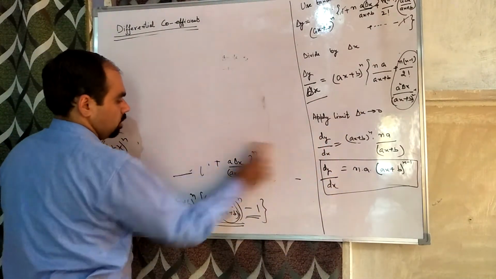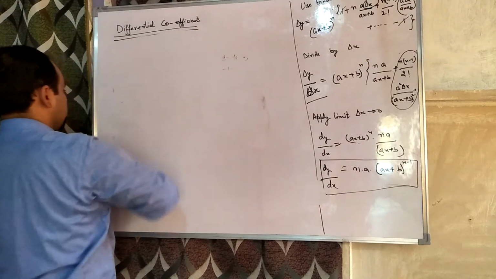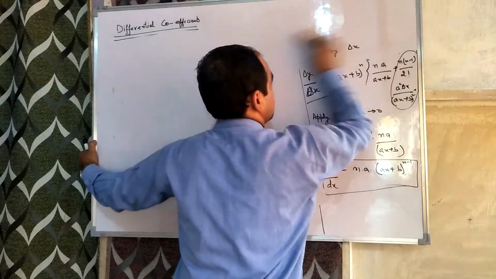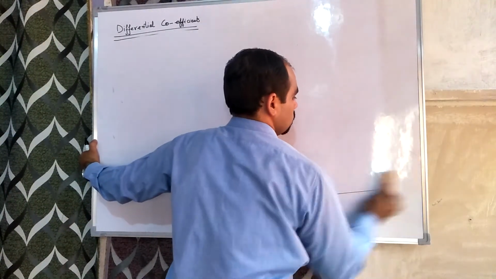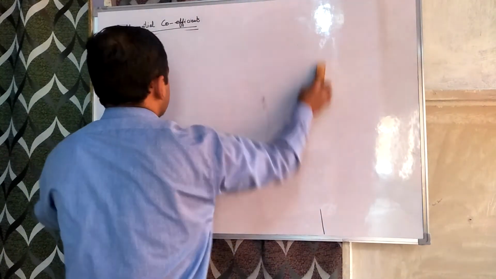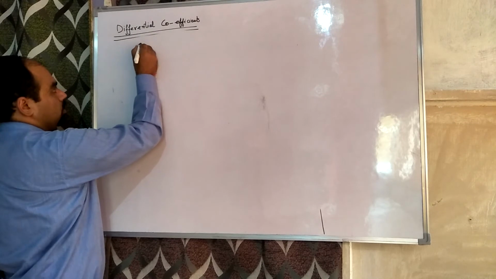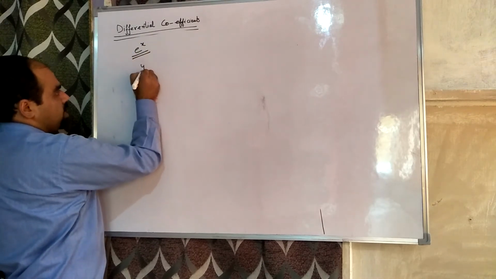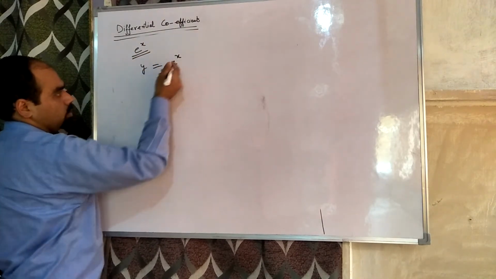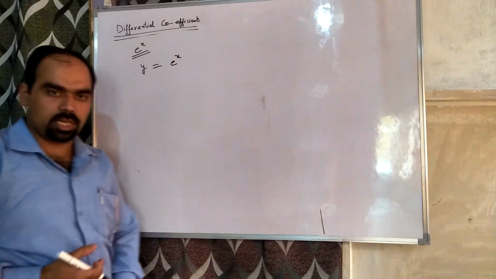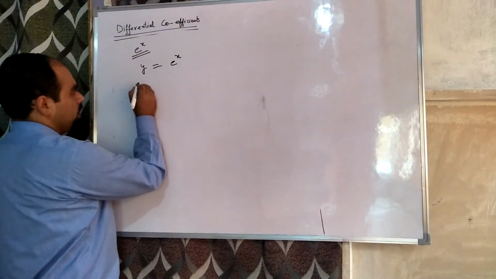Next function is e raised to power x, the exponential of x. So, let's start from the first. Y is equal to e^x. Next subsequent steps. Next step क्या है?